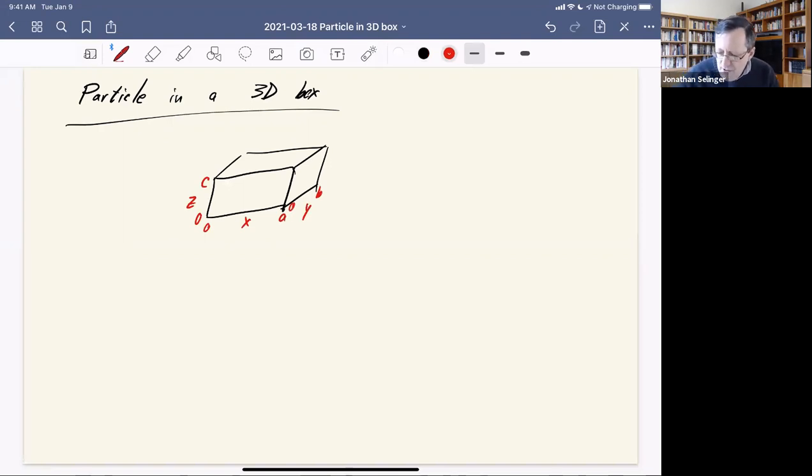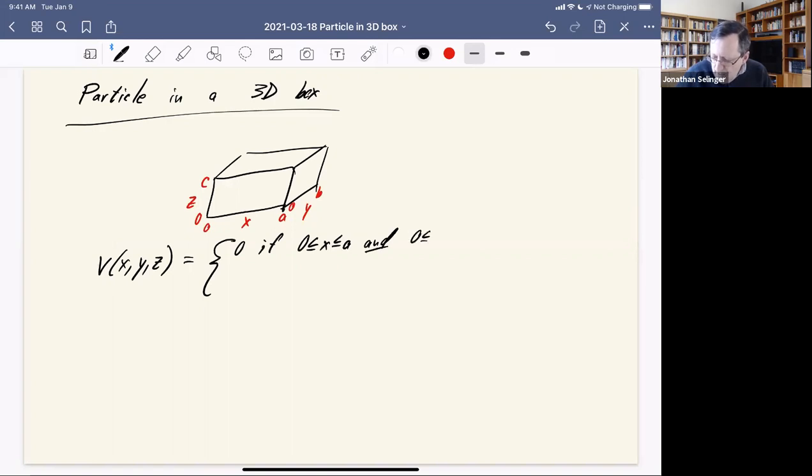The potential energy is something that confines the particle in the box. So the potential energy V of x, y, and z is 0 if x is between 0 and a, and y is between 0 and b, and z is between 0 and c, and infinity otherwise.